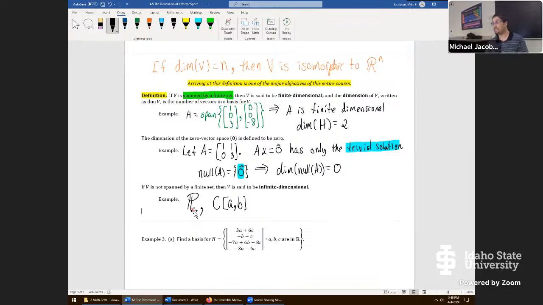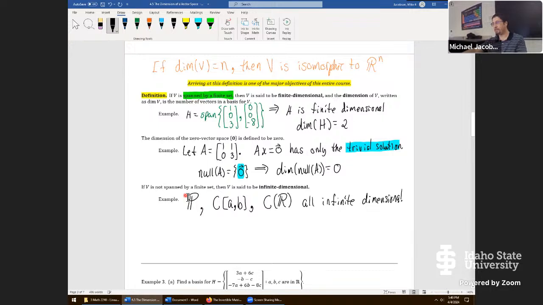So every polynomial is inside there. C[a,b] is the vector space of all continuous functions defined on a closed interval from a to b. Or we could do a vector space of all continuous functions whose domain is the real number line. That's an honest vector space as well. These are all infinite dimensional, which means these are the really, really weird vector spaces.